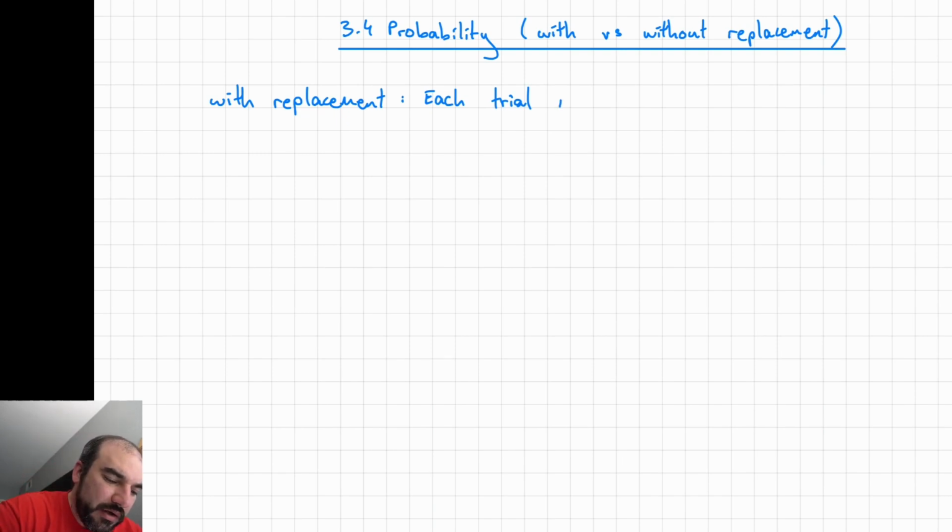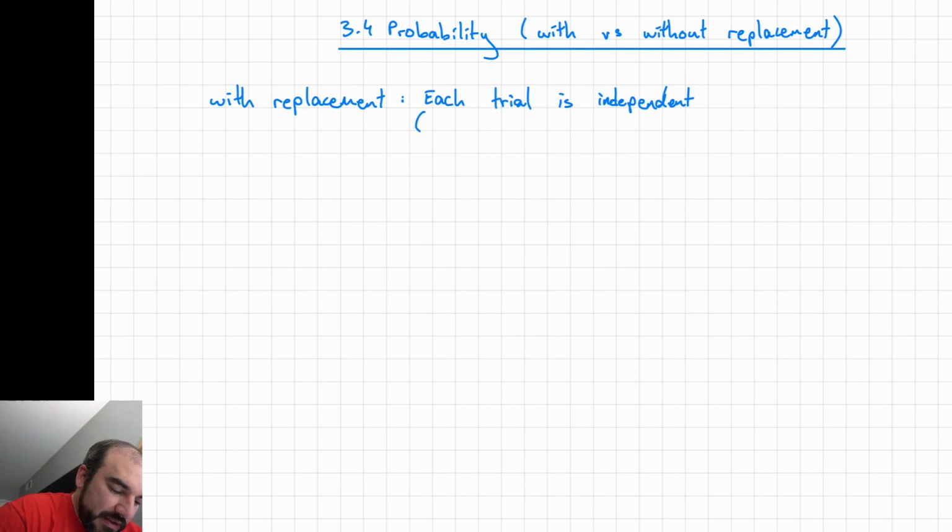So each trial is independent, meaning with replacement means you're putting whatever you drew in the first trial back into the sample space.